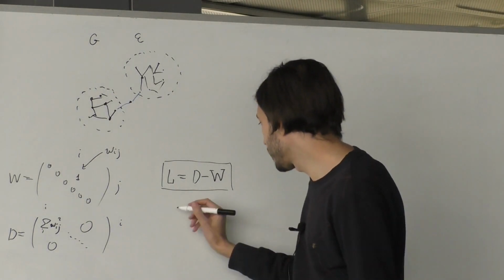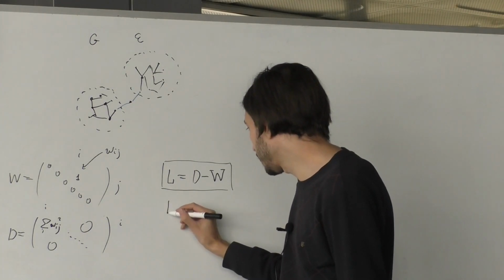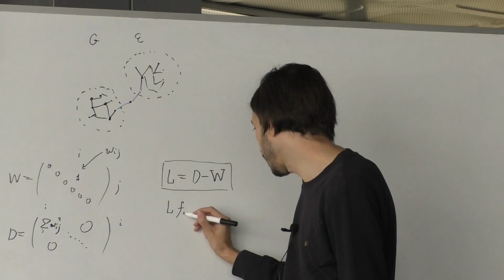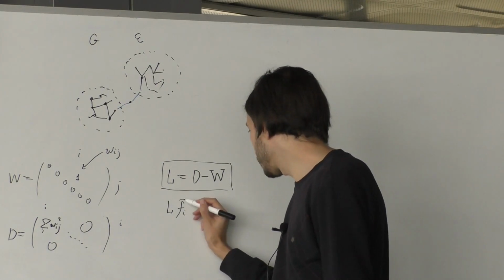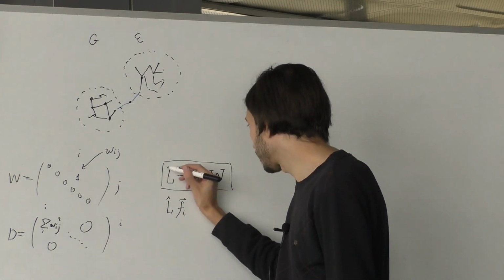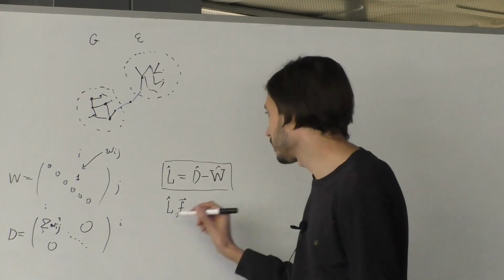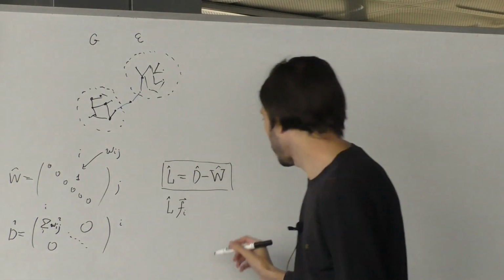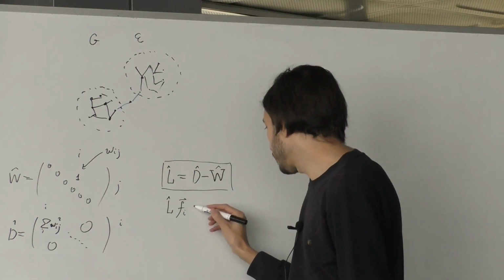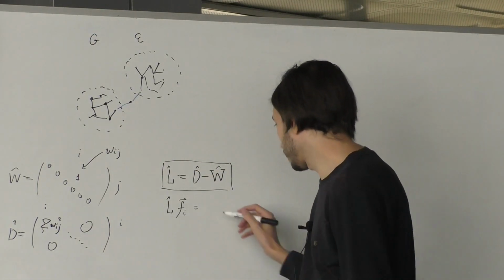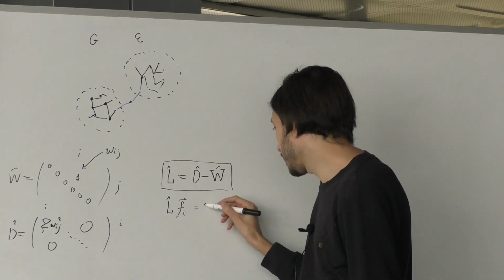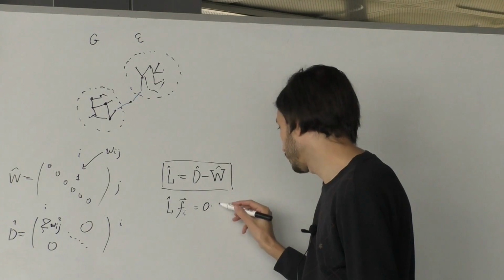So I'm acting with this matrix, as an operator, on some vector, let's call it phi. I am very interested in the case when this is its eigenvector and it has eigenvalue 0.